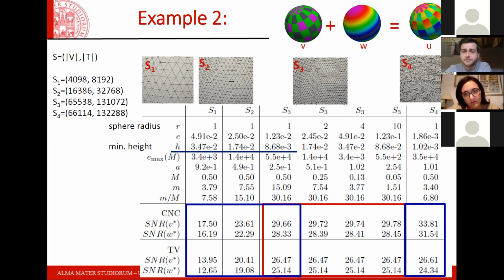As an example, it should just tell you that you can work with both types of meshes, and the results should be quite good. Interestingly, for the irregular mesh, the SNRs we have obtained are even better than the regular ones.